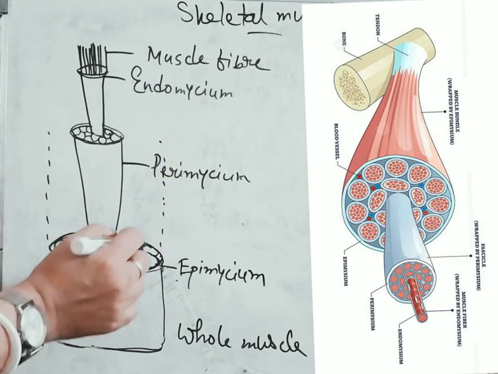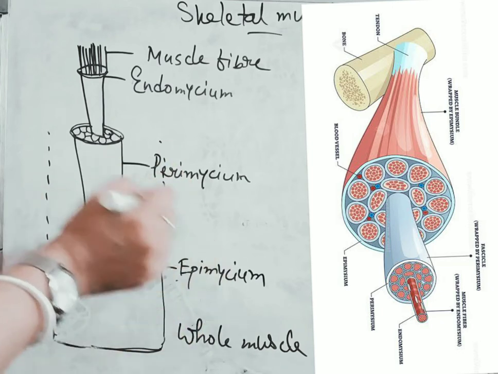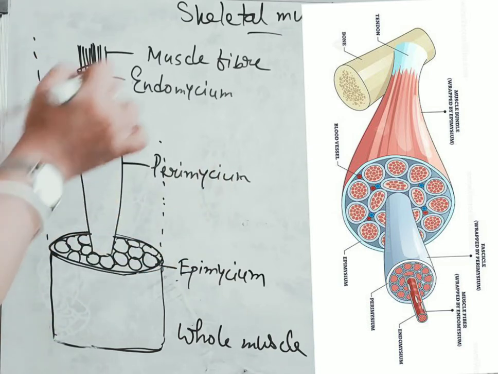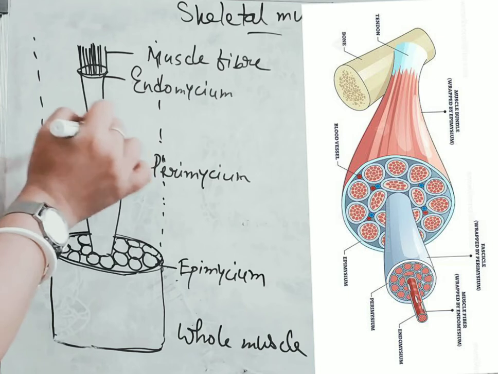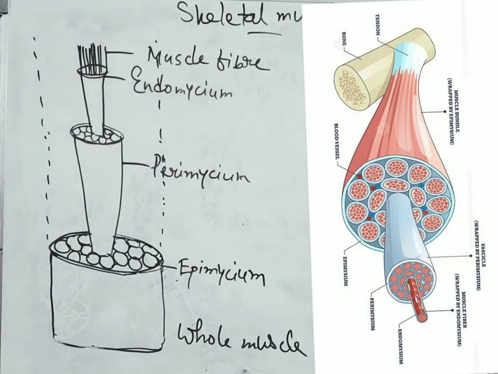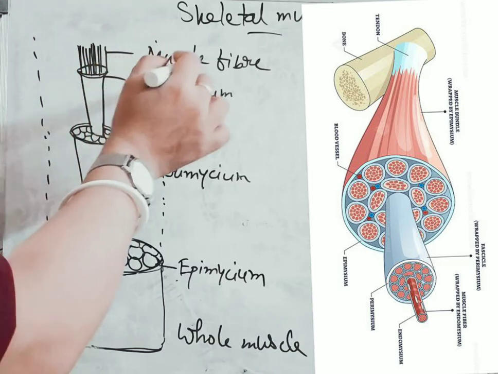The whole covering is called epimysium, and each bundle covering is perimysium, and then perimysium is also made up of many bundles, and their covering is known as endomysium. Surrounding the endomysium, the muscle fibers are present.